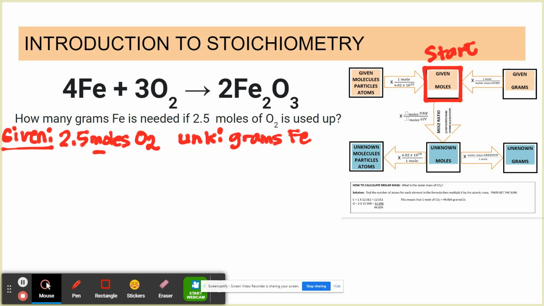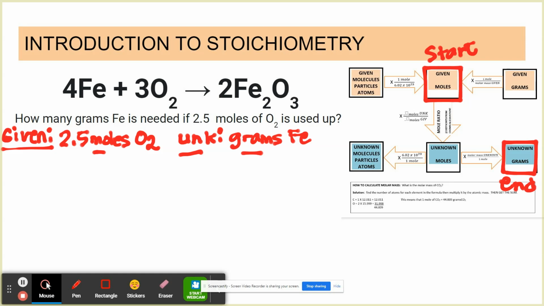Once you have a box at the top row, you have to get one from the bottom row. So let's go to the bottom row because that's where the unknowns are. Our unknown is grams. Where is grams? It's right here, and that's going to be my new endpoint.